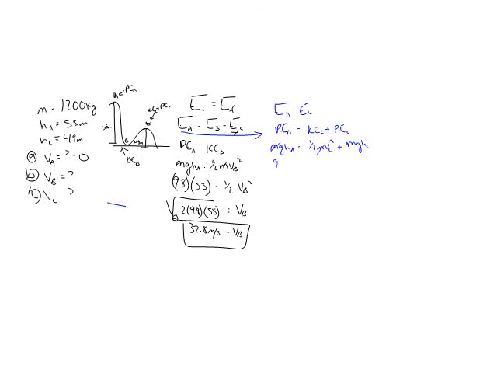This would be 9.8 times 55 equals 1/2 vC squared plus 9.8 times 49. And that's it.